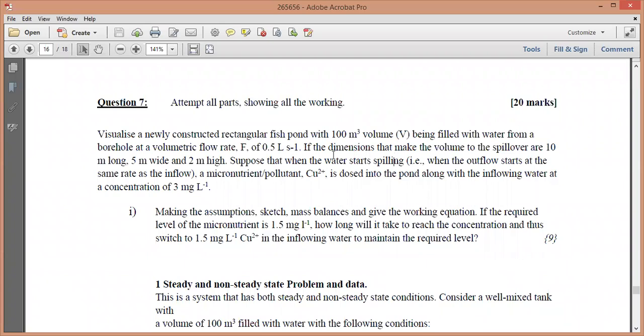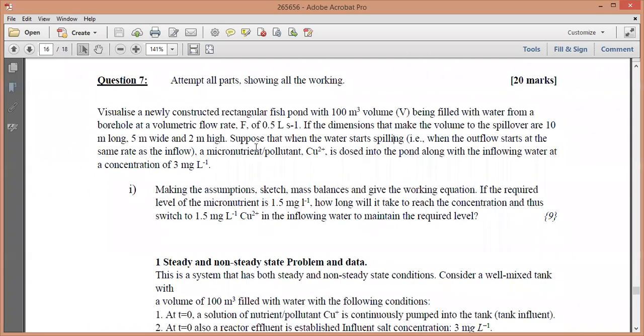Yes, Doc. Okay, so it's a similar question to that one. The question says, visualize a newly constructed rectangular fish pond with 100 cubic meters volume filled with water from a borehole at a volumetric flow rate of 0.5 liters per second.